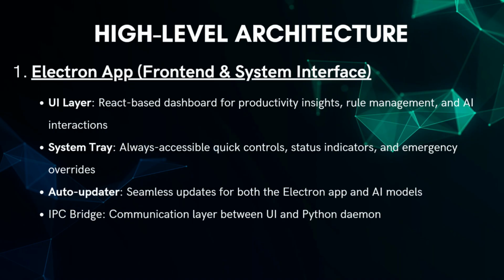So for that, we will be integrating the system tray. After that, an auto updater, for seamless updates of both the Electron app and AI models. And an IPC bridge, so that there is smooth communication between the UI and the Python daemon that we will be implementing. So these are the front end things.